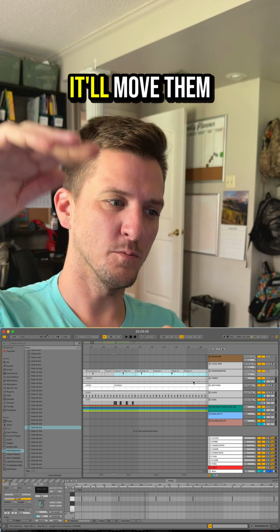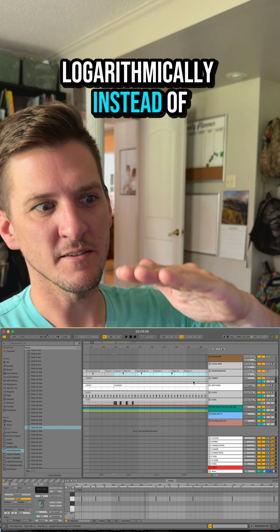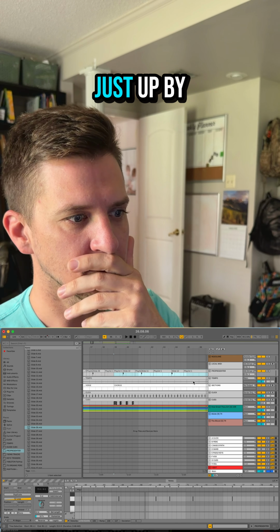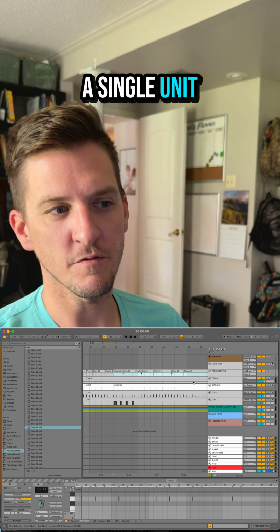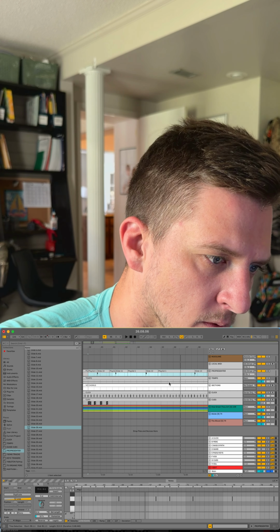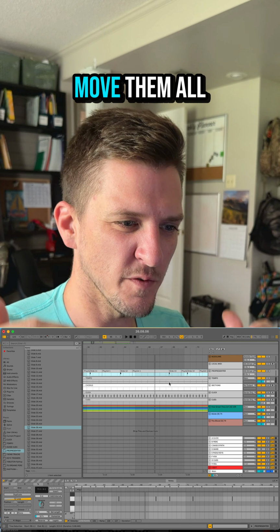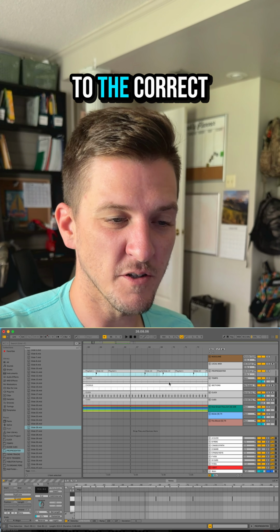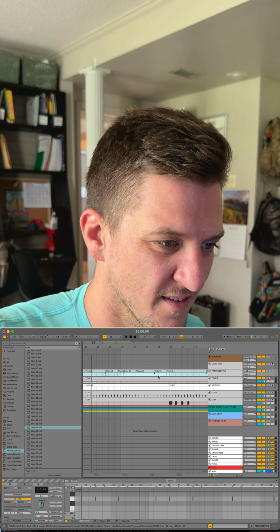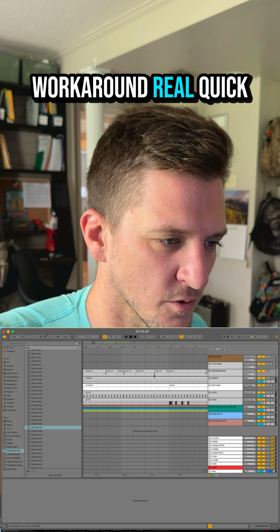It'll move them all logarithmically instead of just up by a single unit for all of them. So a little frustrating that I can't just grab a section and move them all to the correct slides. But I've learned to just place them as a workaround real quick.